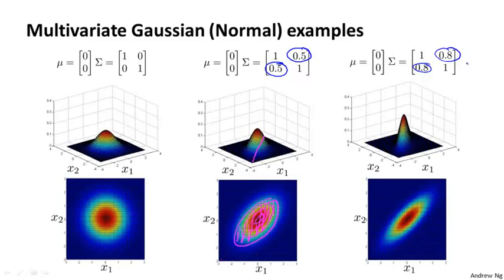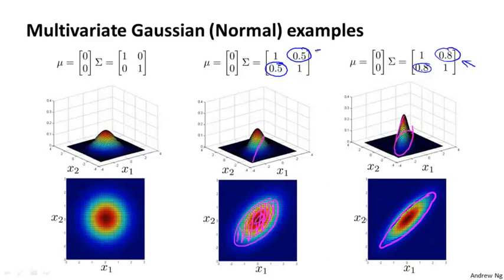As this entry 0.8 gets large, you get a Gaussian distribution where all the probability lies in this narrow region where x is approximately equal to y. It's a very tall, thin distribution, lying mostly along this central region where x is close to y.